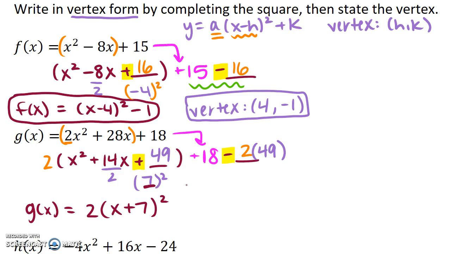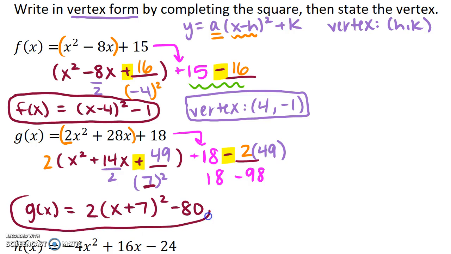And then on the outside, it might be helpful to multiply those things out, like 2 times 49. So that's a minus 98, or 18 minus 98 on the outside, which means when you combine those, minus 80. So that is your equation in vertex form.